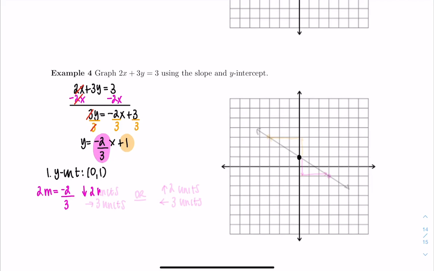We could go down 2 units and to the right 3 units, or we can go up 2 units and go to the left 3 units. And so going down 2 units and to the right 3 units, or we can go up 2 units and to the left 3 units.